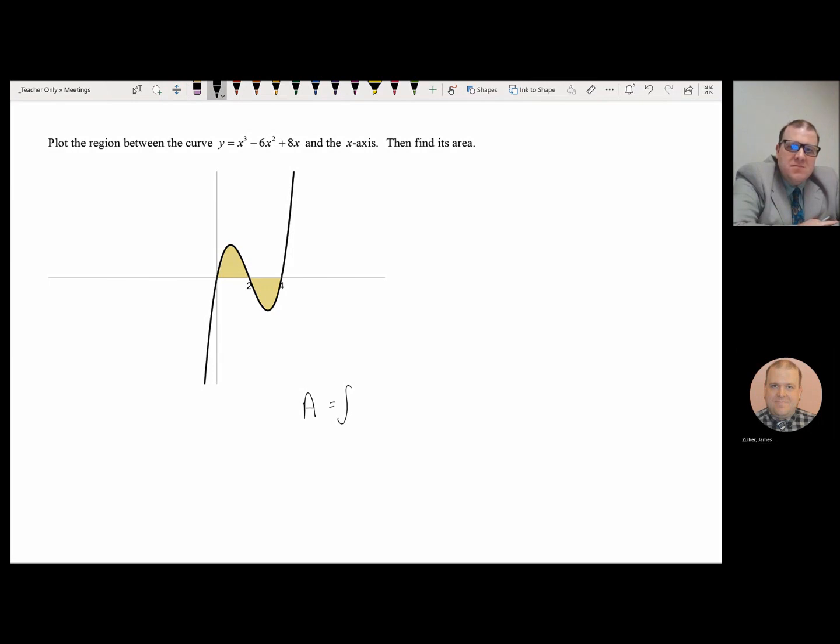The integral of x cubed minus 6x squared plus 8x dx from 0 to 2, and then the same thing but from 2 to 4 times -1.